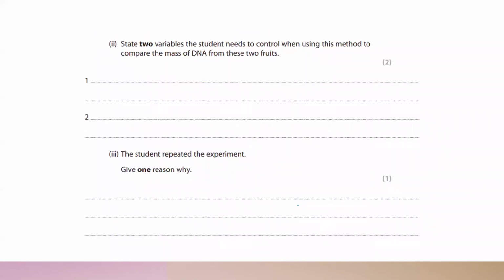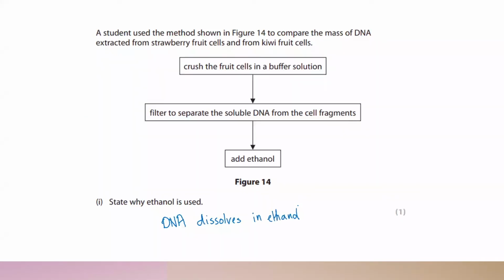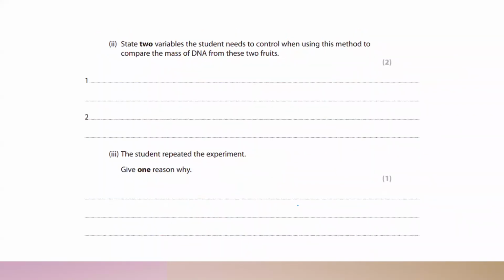State 2 variables a student needs to control when using this method to compare the mass of DNA from these 2 fruits. Oh, see, I missed that. Strawberry fruits and kiwi fruits. So it's 2 different fruits. Okay, so you need to have the same mass of fruit and the same volume of ethanol.